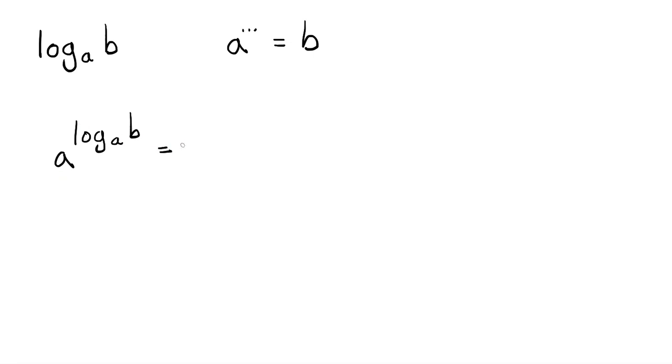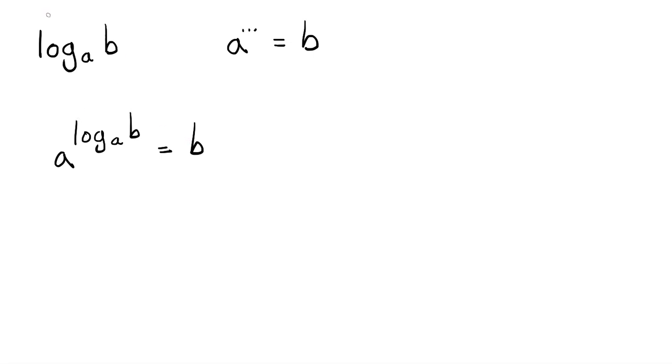So we have the a logarithm of b. That's the number you should put here. So we have, per definition, that a raised to the a logarithm of b is equal to b.